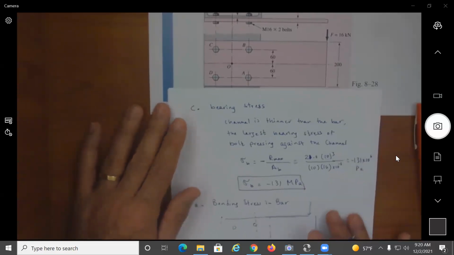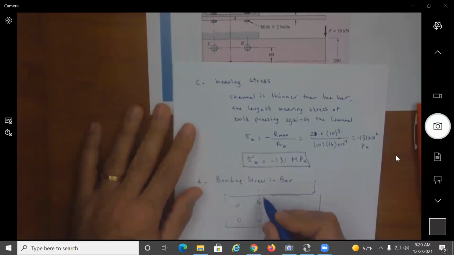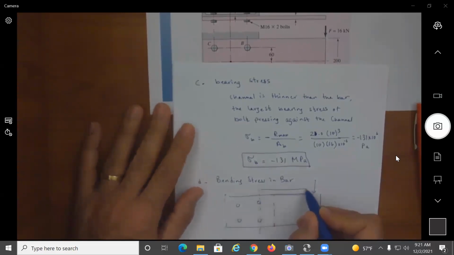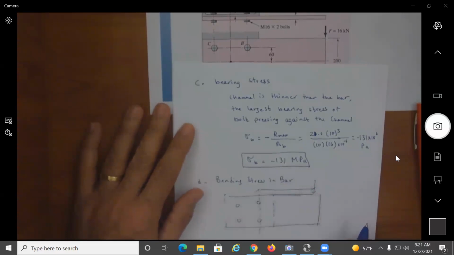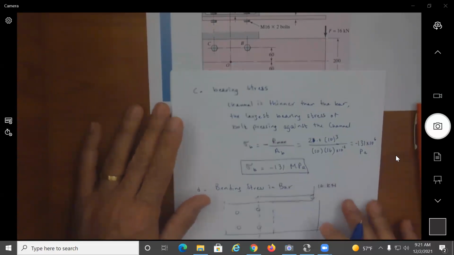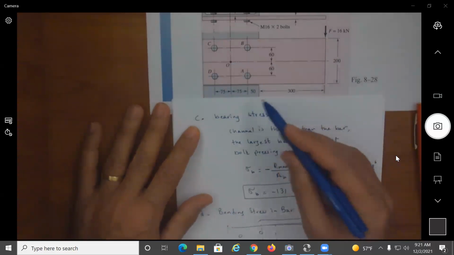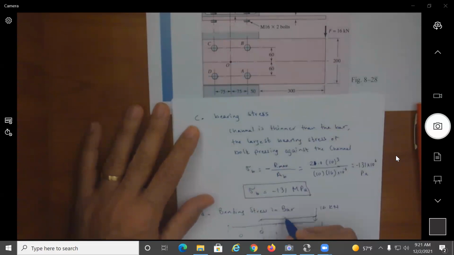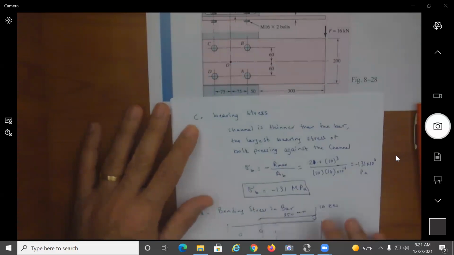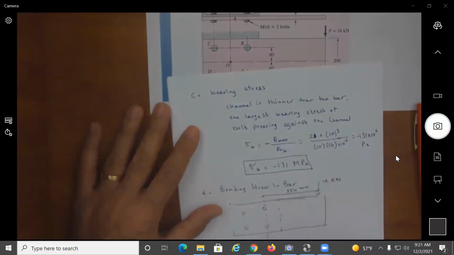So we need to find the distance from the force to this critical section. I know the force is 16 kilonewton, and the distance would be the 300 plus the 50, so I have here 350 millimeter. And if we draw a free body diagram, I can find the bending moment right at this location.